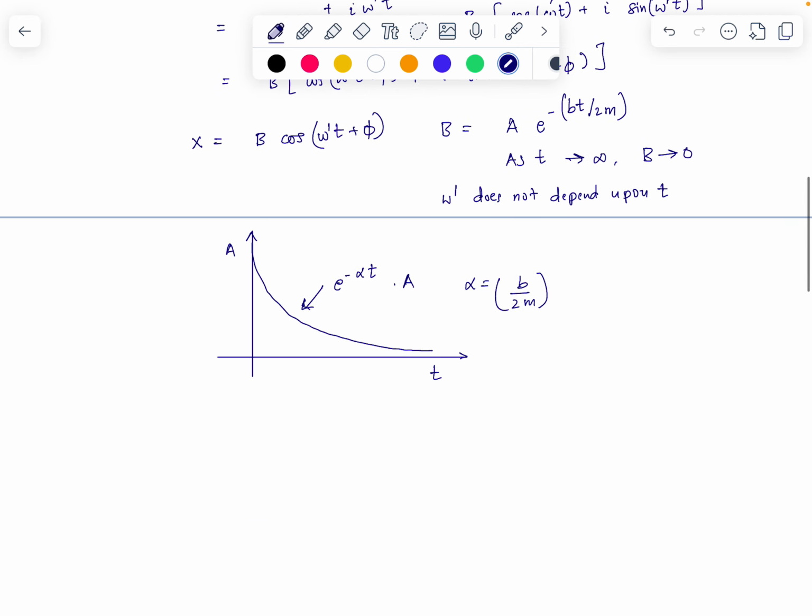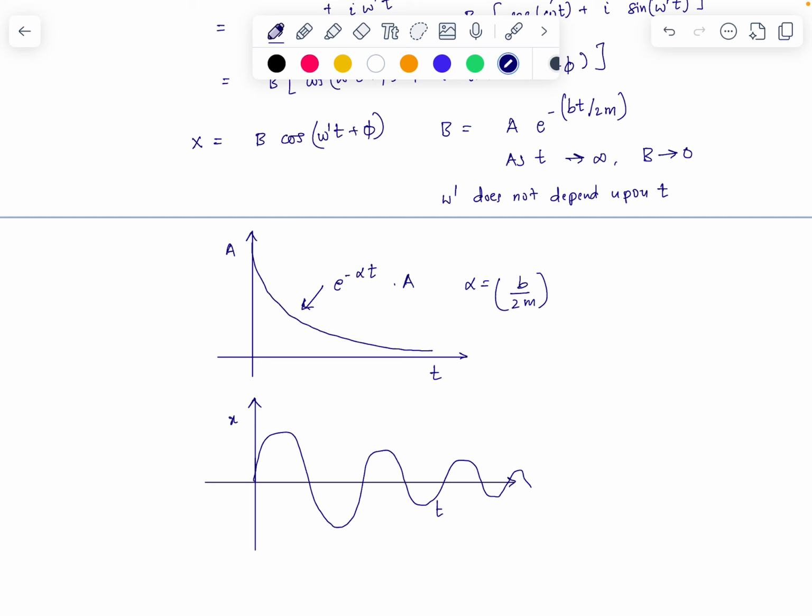And if we plot the displacement as a function of time, we see that the initial amplitude is large, but it tends to decay with time.